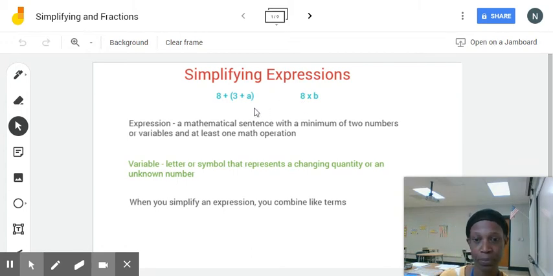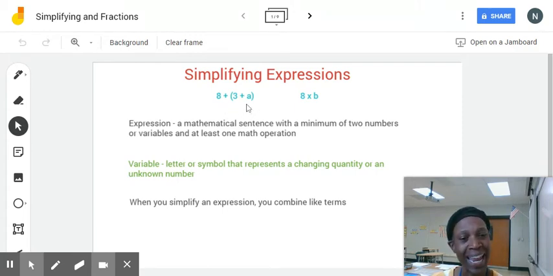All right. So if we look at the first expression, we see we have numbers and we have letters. The letters are called variables. What are variables? Down here it says a variable is a letter or symbol that represents a changing quantity or an unknown number. For example, in this expression, we have 8 plus 3 plus a.